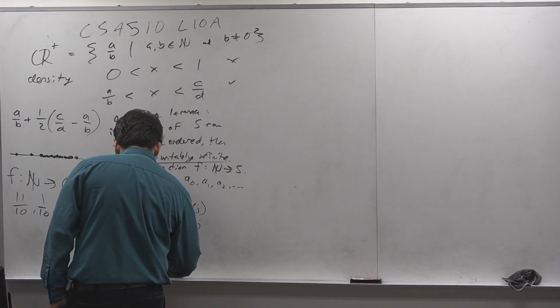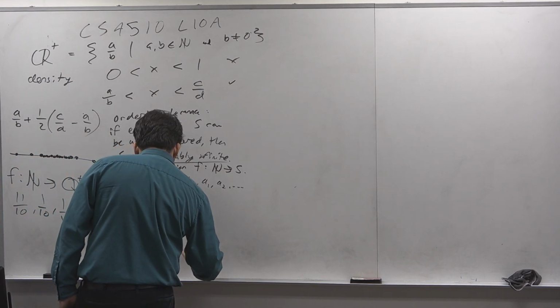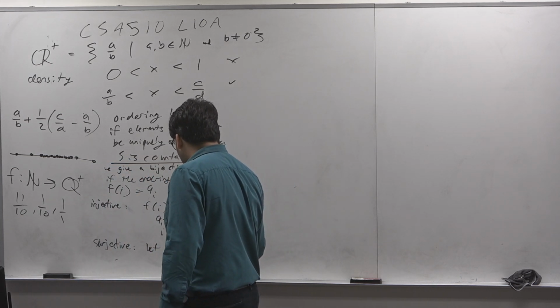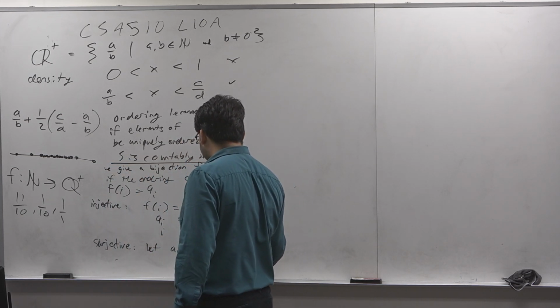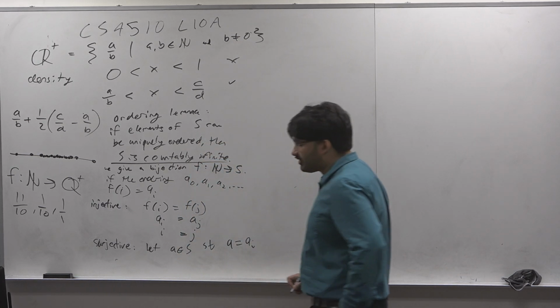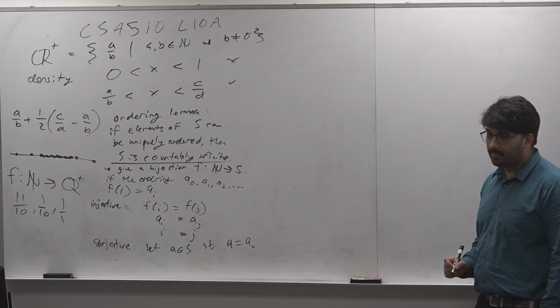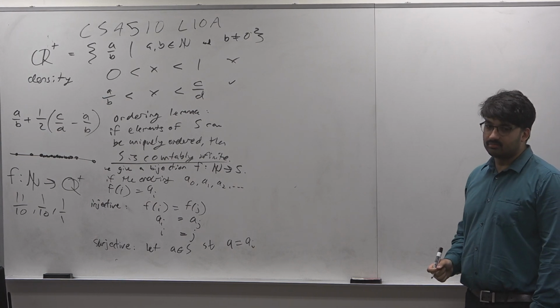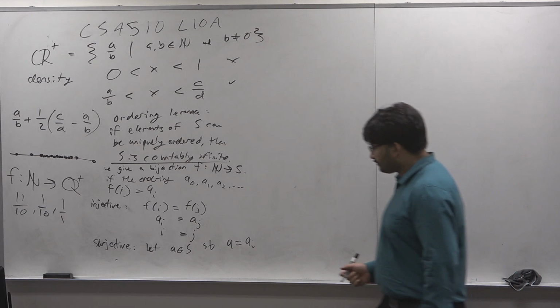Let a be an element of S, such that a is equal to a of i. So it's in the ith spot, right? What element in the naturals maps to a of i?